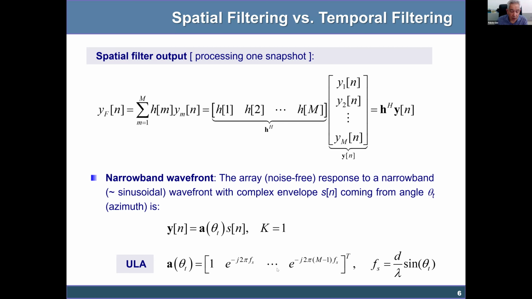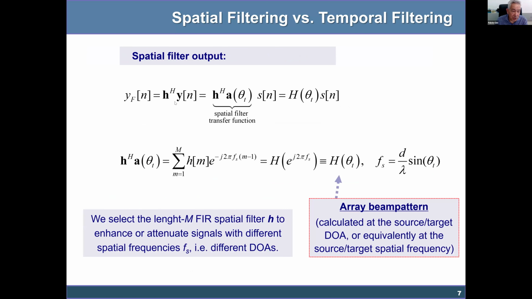Now, what is the output of the spatial linear FIR filter? It is h Hermitian y. So you replace y with As, and again, h Hermitian A is a complex scalar term that we call H of theta.